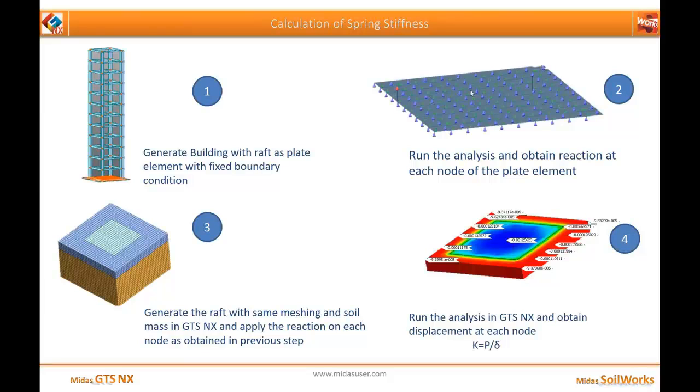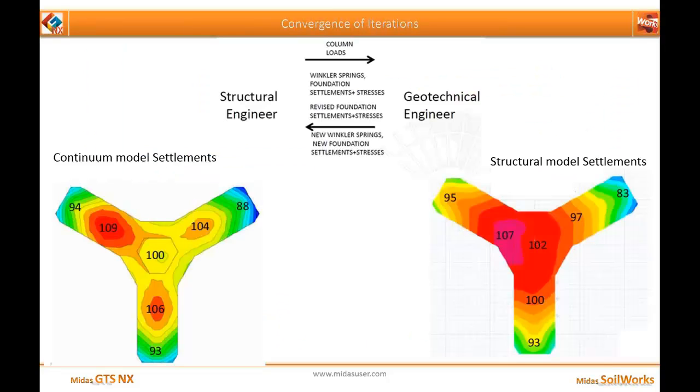And then finally you can run the analysis with particular loads in GTS NX, and thus you can obtain the reaction as P upon the displacement, that is the reaction upon the displacement. So then this iteration goes on between the structural engineer and geotechnical engineer. The structural engineer initially provides the column loads, the geotechnical engineer provides the stiffness, and this iteration goes on until a prescribed convergence criterion is met.